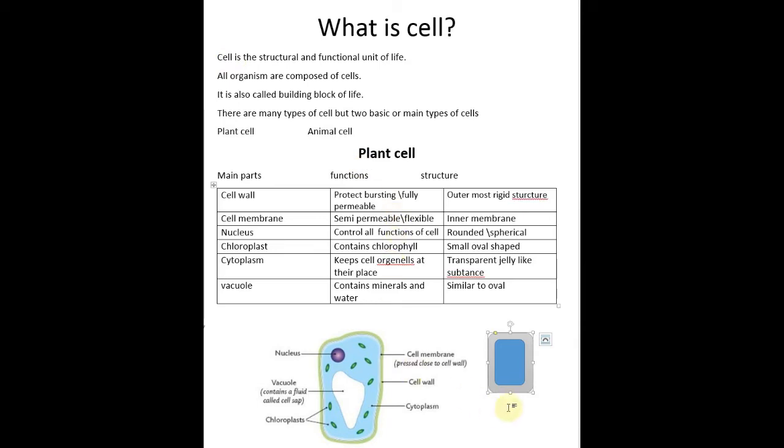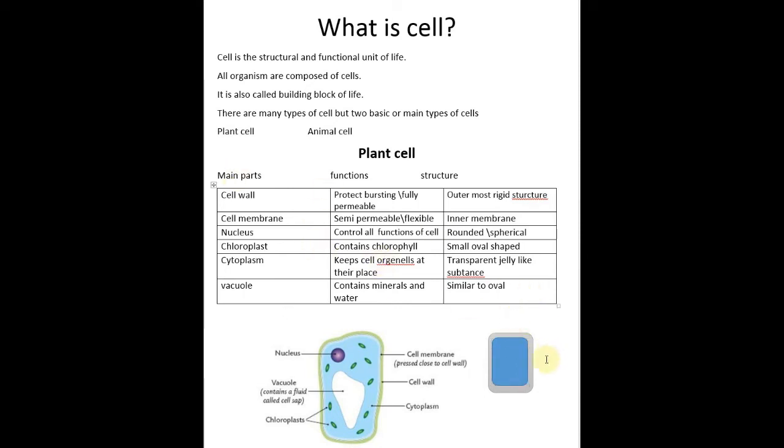Now see, this is the outer layer, the outer membrane, and this is the inner membrane, which is just at a little distance from the main membrane. So there are two basic membranes surrounding the plant cell.